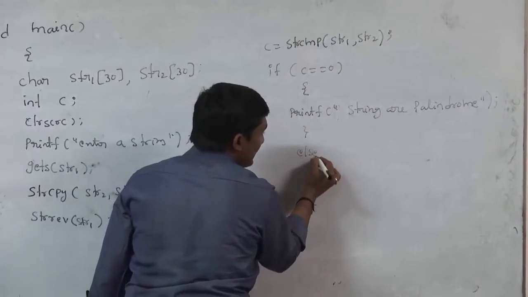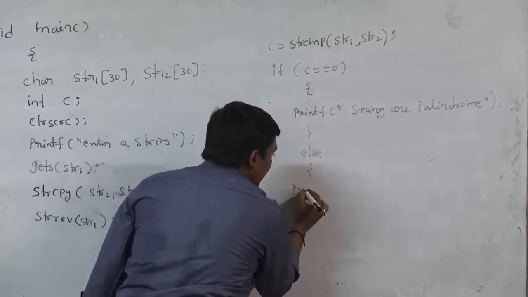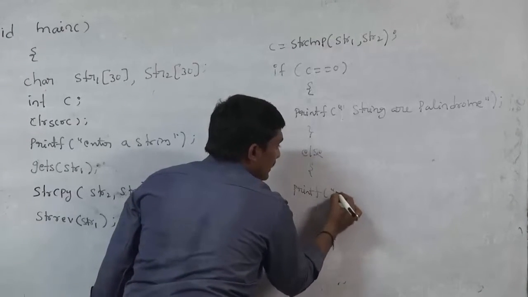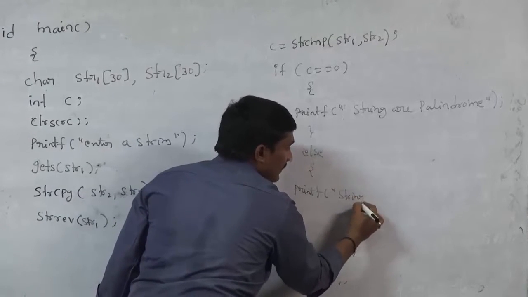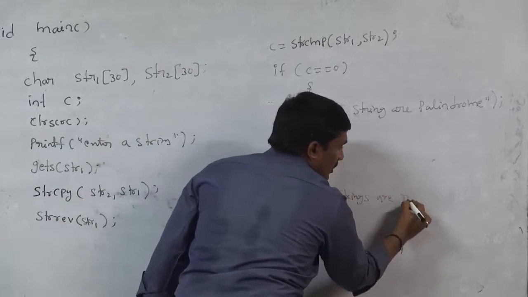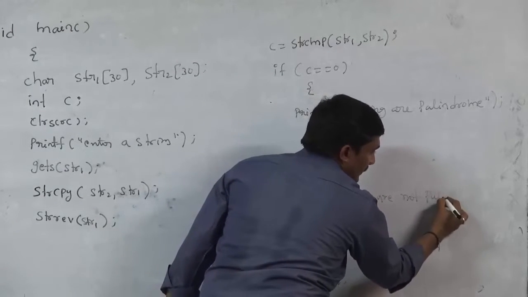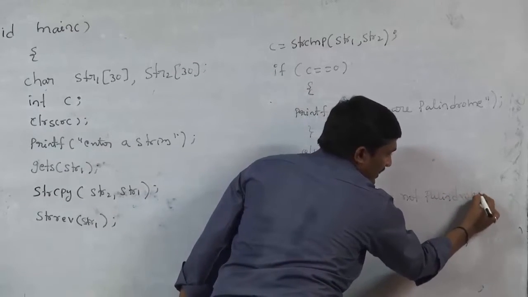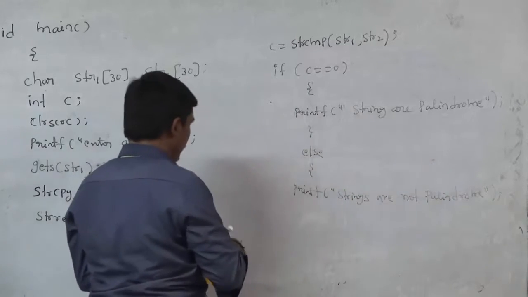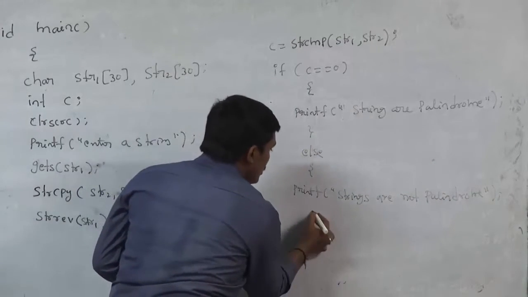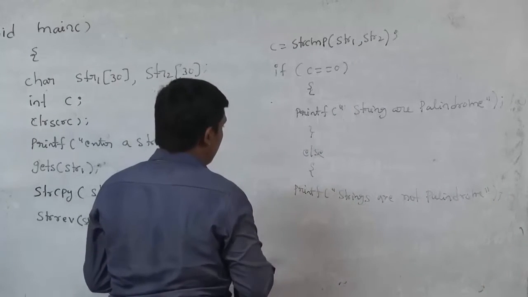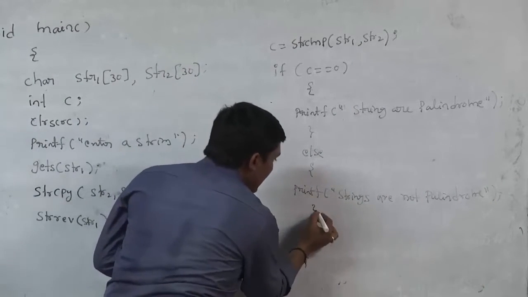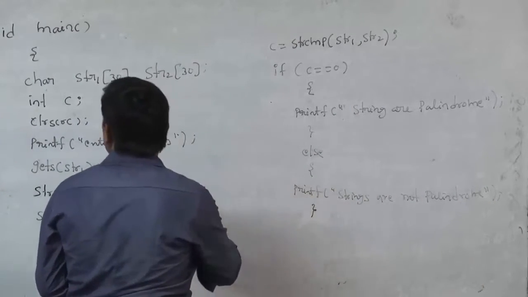Else case, printf strings are not palindrome. Then close which block? Close your else block. Your task is over.